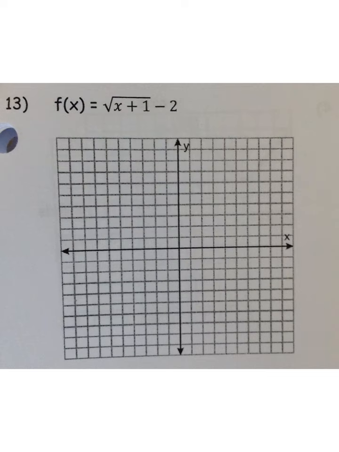Okay, so I love 13 because 13 is one we really haven't done. I showed it to you way back in the beginning of the video, but all right, so I have a shift to the left and then I'm going down 2, right? So I'm going to shift to the left 1 and down 2. So there's my starting point. Now remember, a normal square root will look like this, okay?